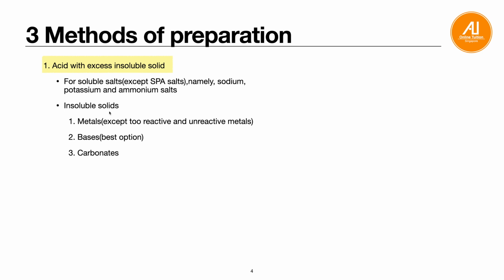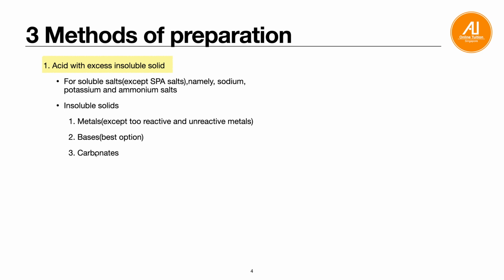In this case, you have three possible options for the insoluble solid: metals, bases, and carbonates. For metals, take note that you can't choose any metals that are too reactive or unreactive. If it's too reactive, when it reacts with acid there might be an explosion or the reaction will be too violent. Unreactive metals cannot be used either, because acid does not react with unreactive metals.